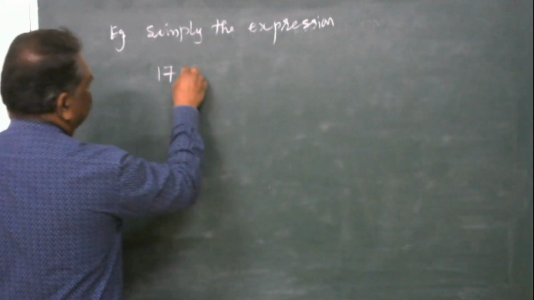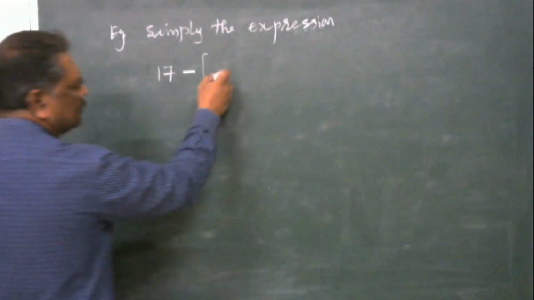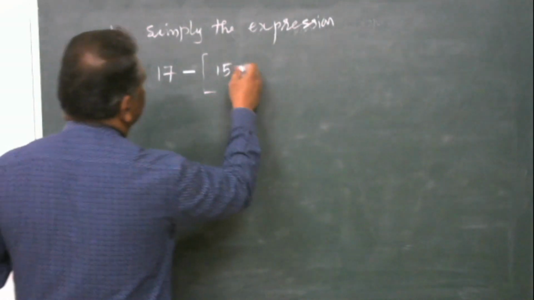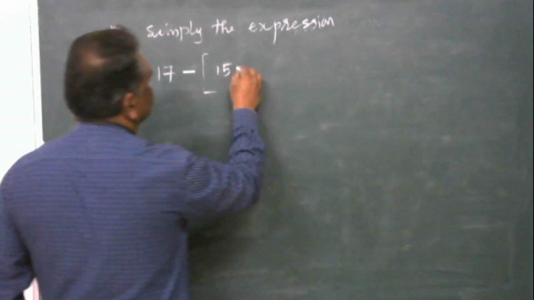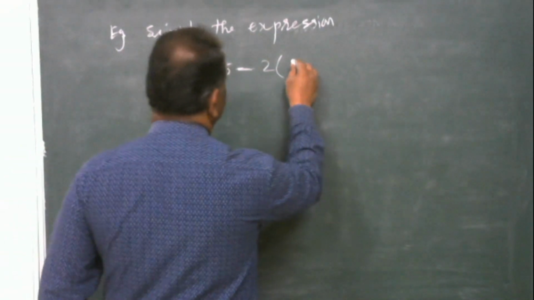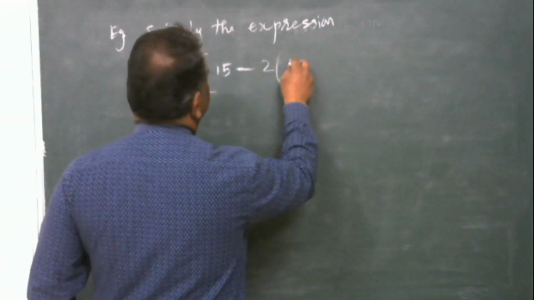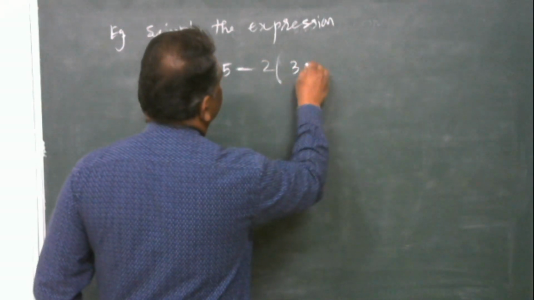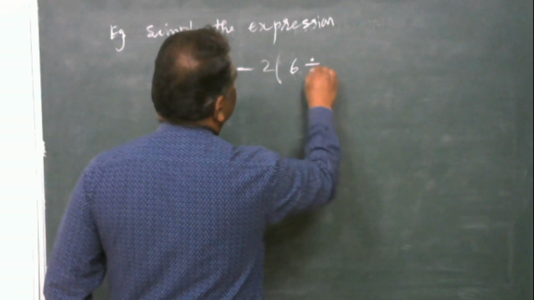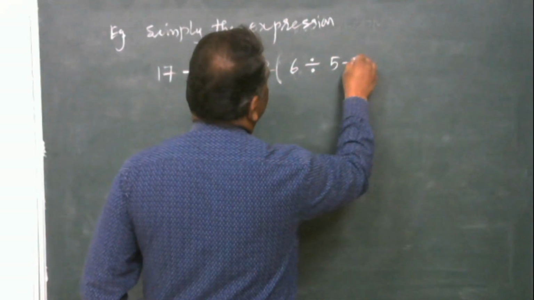I can give 15 minus, then we'll take a big bracket, then I'll put some number, maybe 50 minus 2 of 15 minus 2 of some 3, or maybe 6 divided by 5 minus 2.